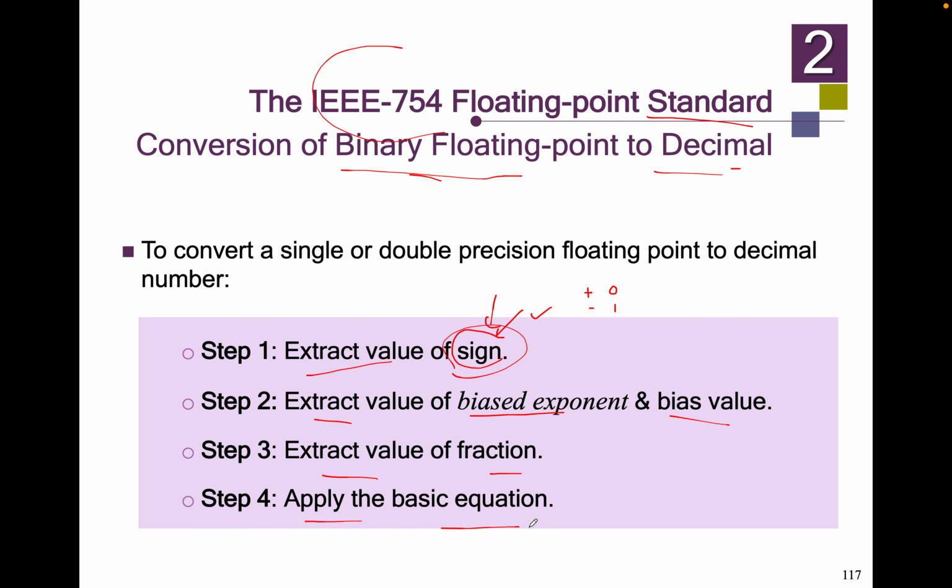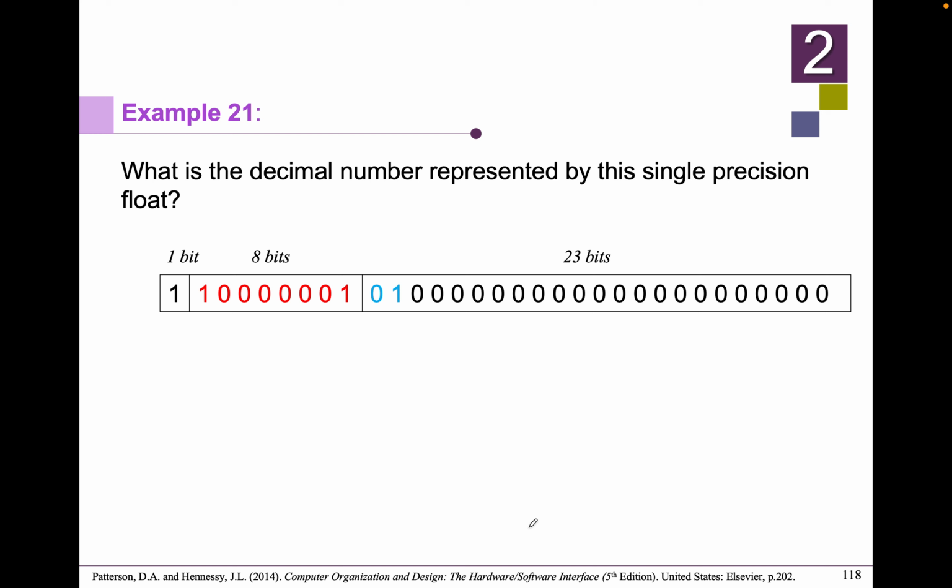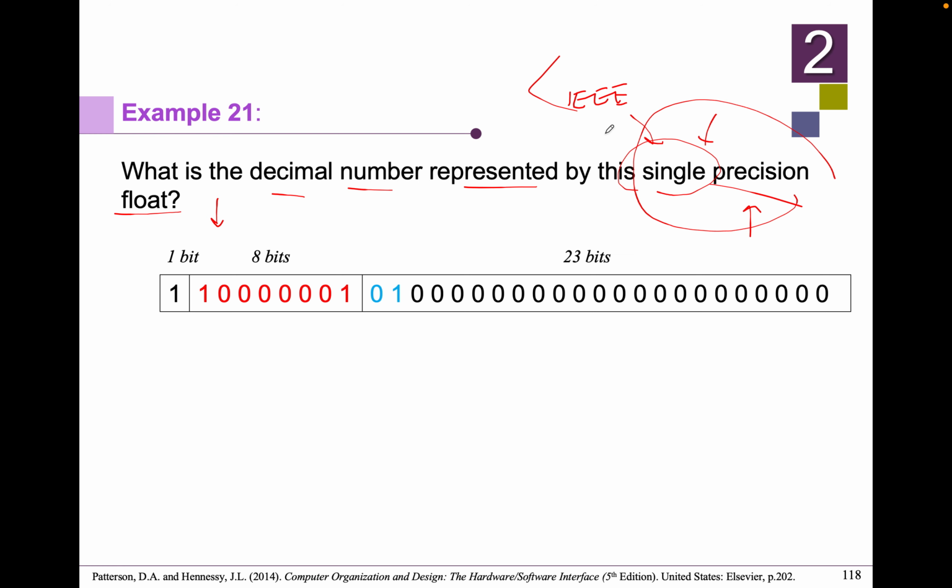Let's take a look at it step by step. Example here: what is the decimal number represented by this single precision float? Always remember, if it mentions single precision or double precision, sometimes it doesn't say IEEE 754 but directly gives you single precision, so don't use a different format.